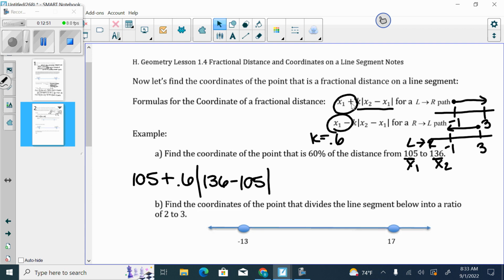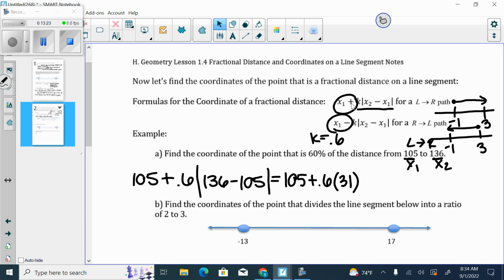Okay. Now again, remember, those absolute values work kind of like parentheses. We need to simplify what's inside of there first. So what is 136 minus 105? Okay. So I have 105 plus 0.6 times the absolute value of 31. And the absolute value of 31 is just 31. So I'm just going to go ahead and drop those absolute values.